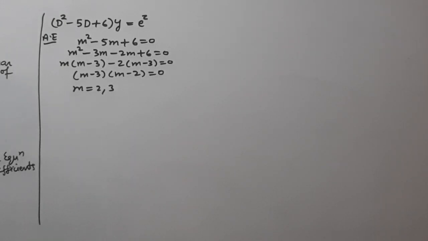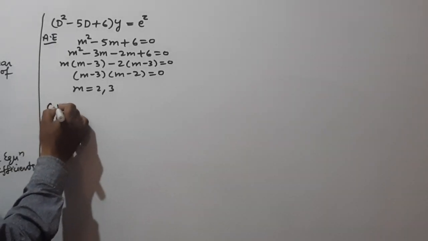Now we find the complementary function. The complementary function can be written as c1 e to the power 2z plus c2 e to the power 3z. Now you know that e to the power 2z can be written as (e to the power z) whole square, plus c2 (e to the power z) whole cube.